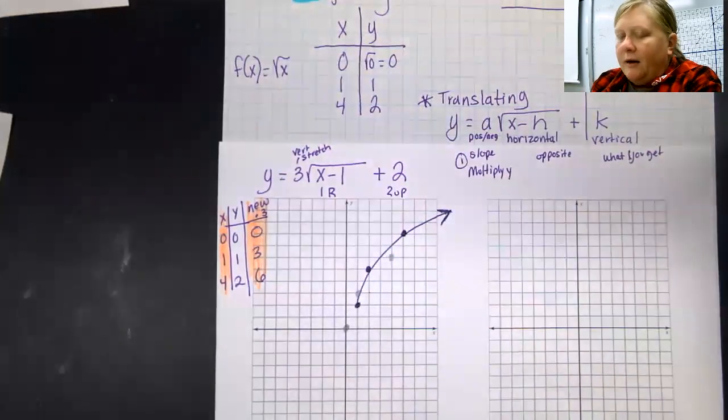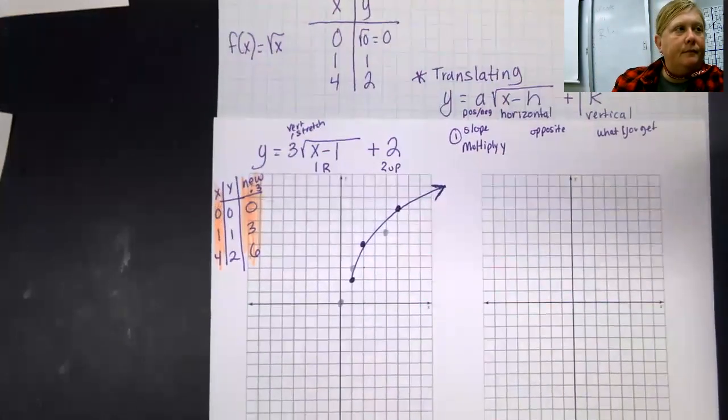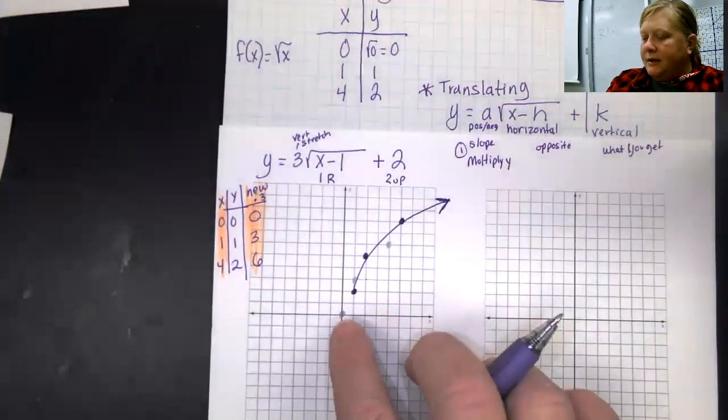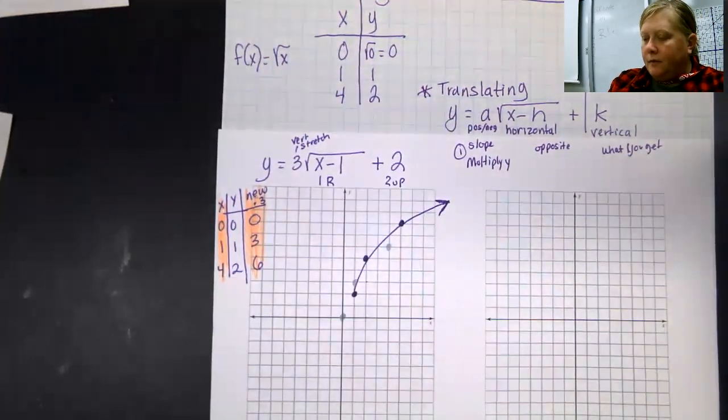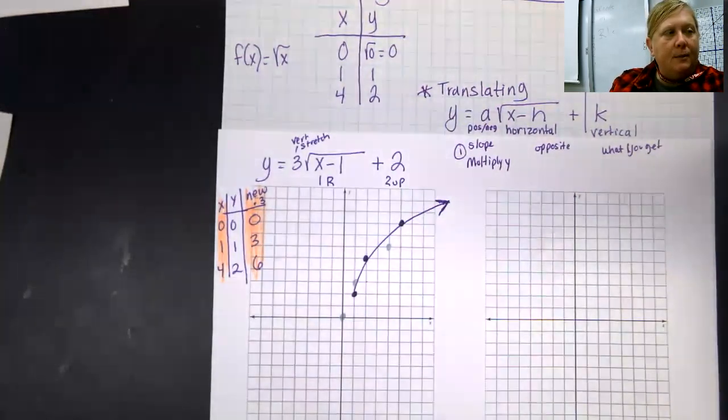And there's my new graph. So I like to graph my points and then I translate. It makes it a little bit easier if I do it in pencil. It's not a big deal. I can go back and erase if I want.